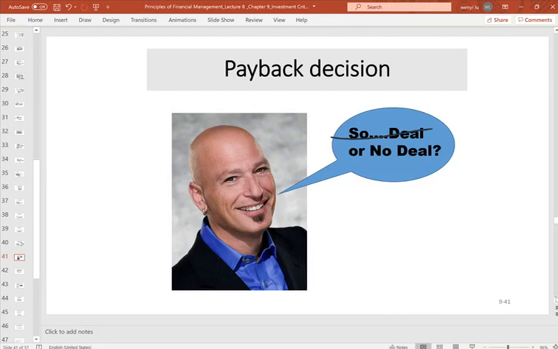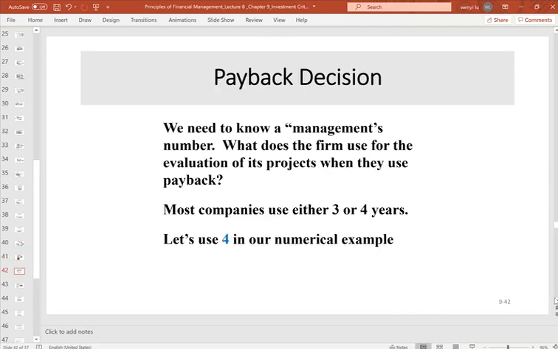So how do we determine whether it is a deal or no deal based on the payback decision? We need to know the management's numbers: what the firm uses for evaluating these projects when they use payback.